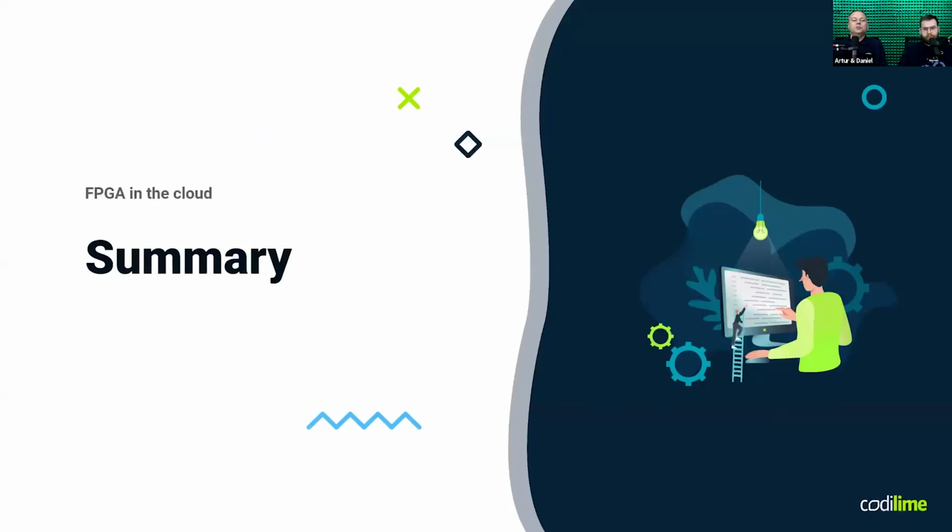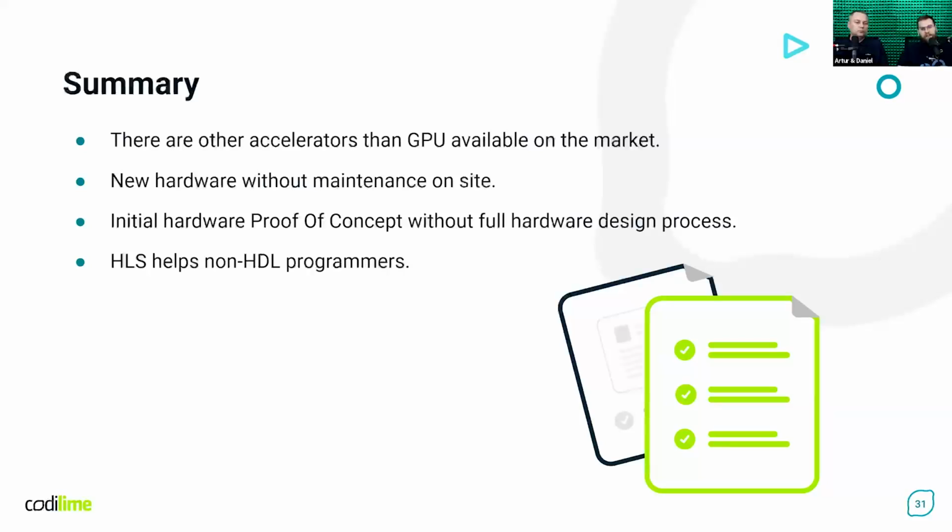Let's now briefly summarize what we talked about. By this presentation, we wanted to show you, first, that cloud providers have other accelerators than popular GPUs. Next, usage of FPGA in the clouds really opens new opportunities which were limited to on-site, on-prem solutions before.